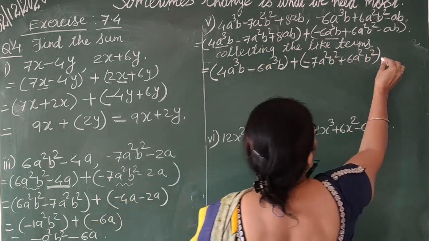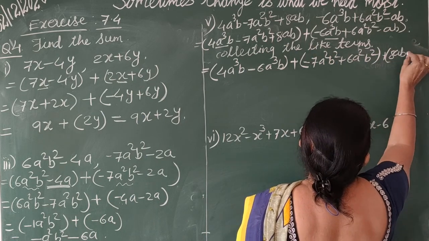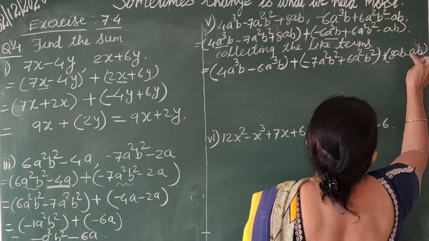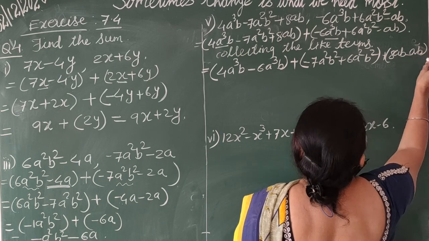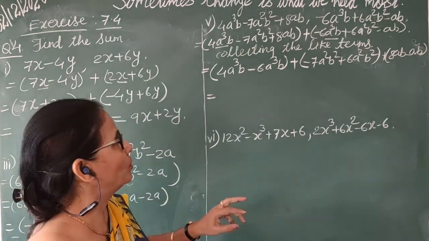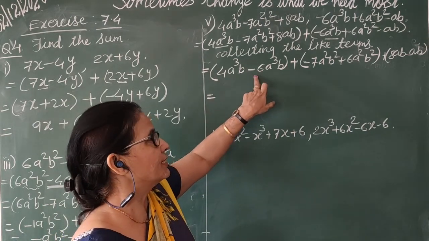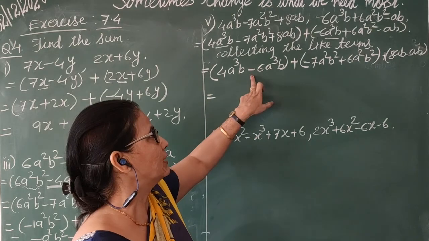Now here the third pair, 8ab. So this is ab and ab. 8ab minus ab. Okay. Now just simplify. Simplify the coefficients. 4 minus 6. You know, when one is positive, one is negative, you have to subtract and put the greater number's sign.